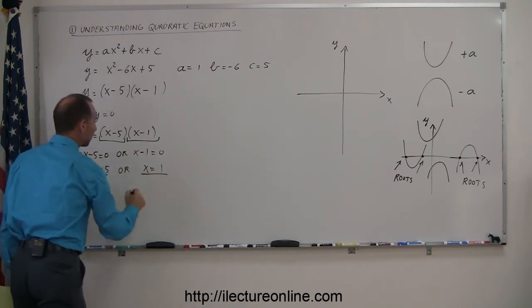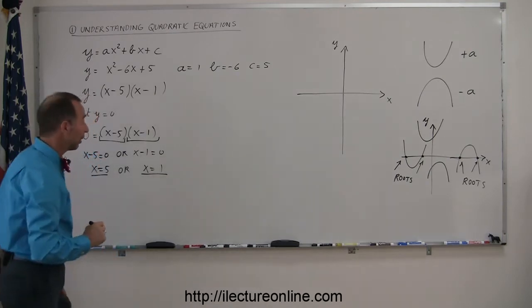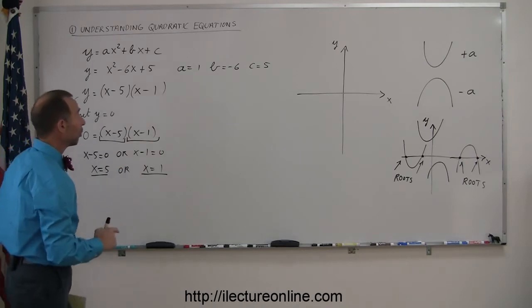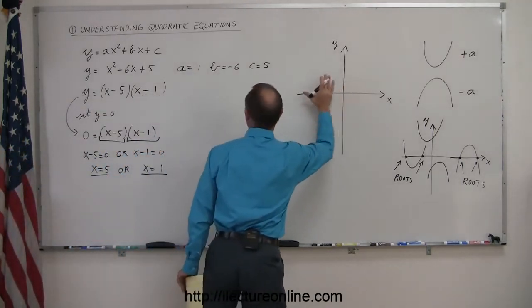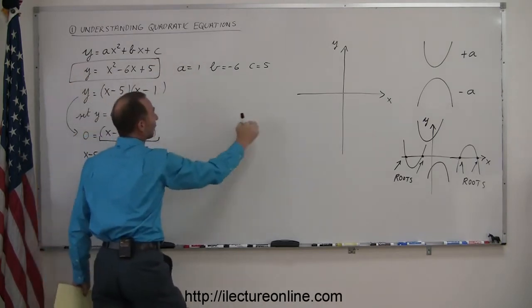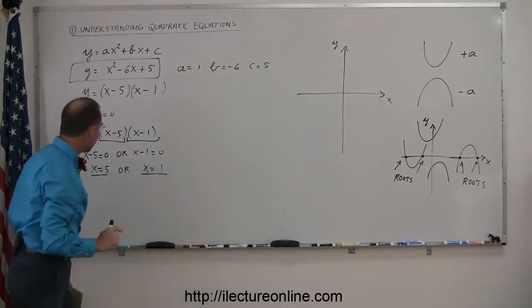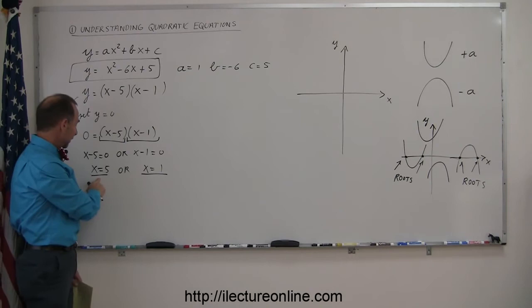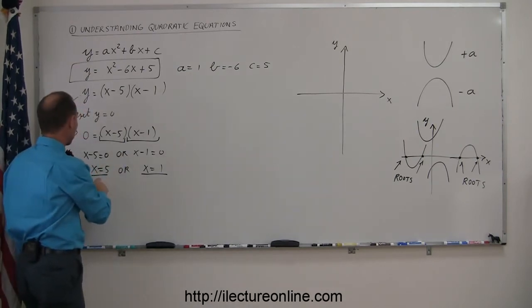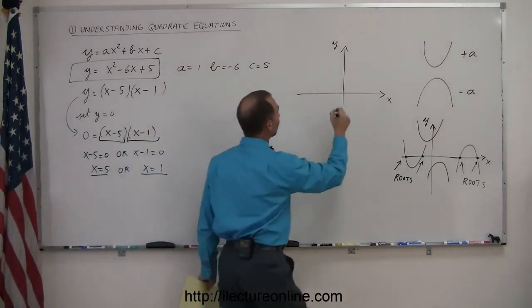And those are the locations in this particular example where the parabola will cross the x-axis. So if I'm going to graph this example on my xy axis here, I know that one of the roots, or one of the points where the graph will cross the x-axis, is x equals 5.